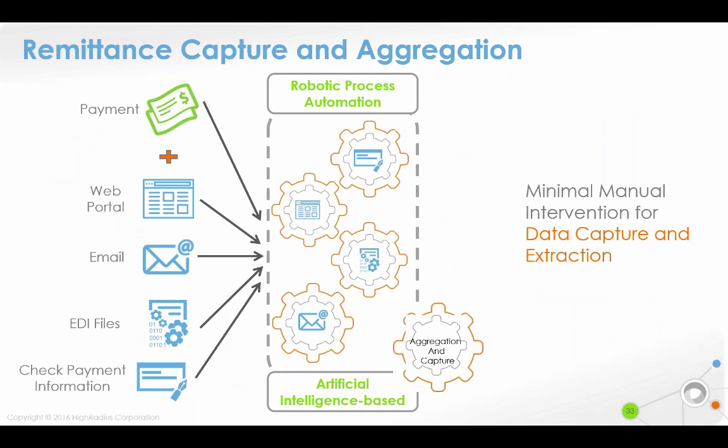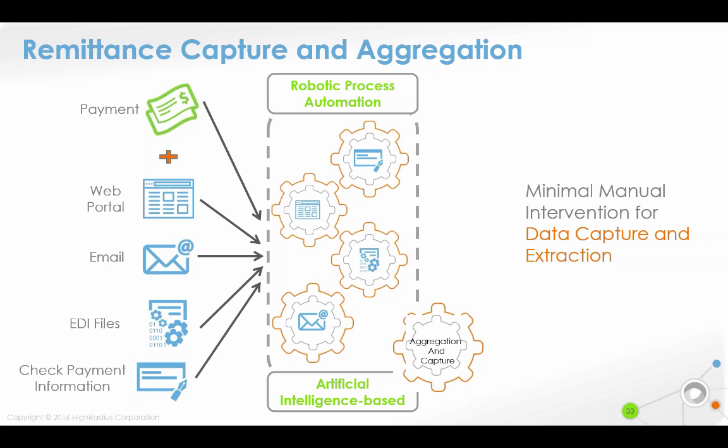So we look at, in the grand scheme of how robotic process automation works, in this example we have the wheel of gears that represents the different engines as it extracts the remittance, and then it's able to capture and collect that information. That artificial intelligence, that machine learning technology, just gets smarter over time as well.